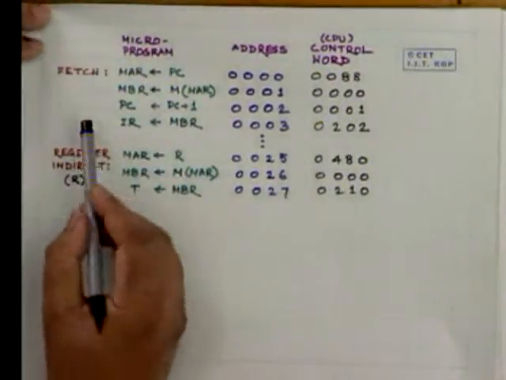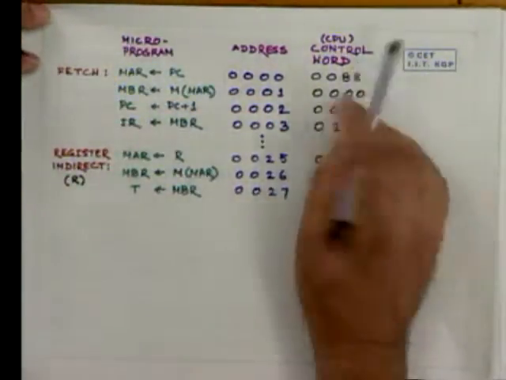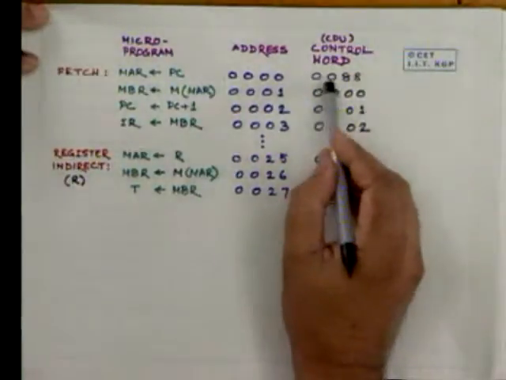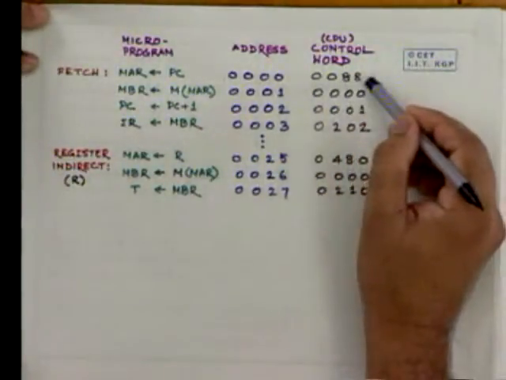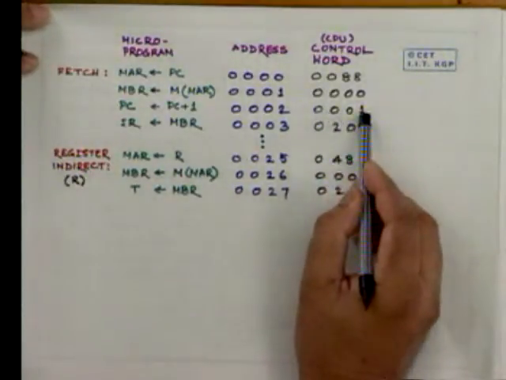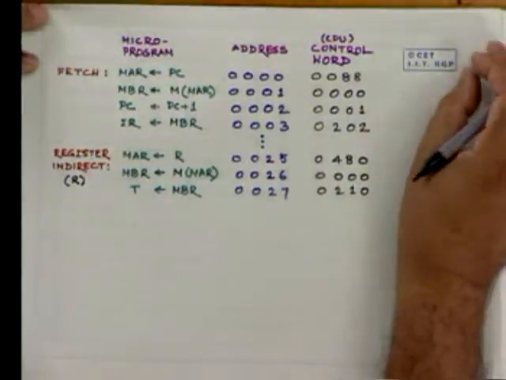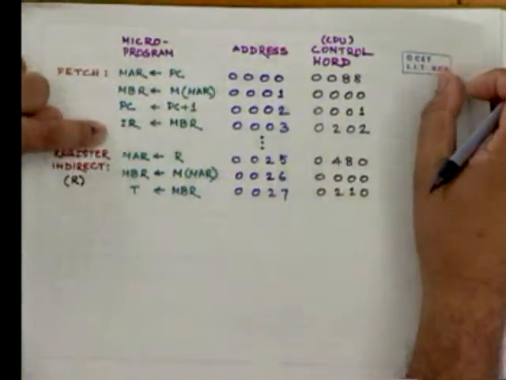That fetch micro program in the symbolic notation is this. The control words for the micro program in hexadecimal are 0088, all zeros here, 0001 and 0202. These are the control words in hexadecimal for these micro instructions.